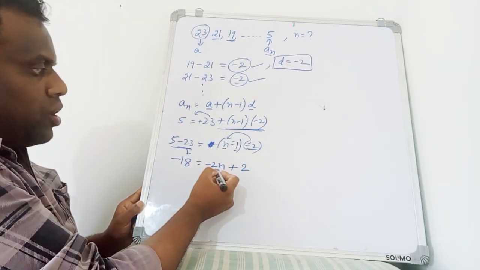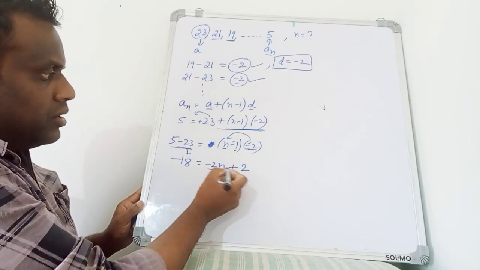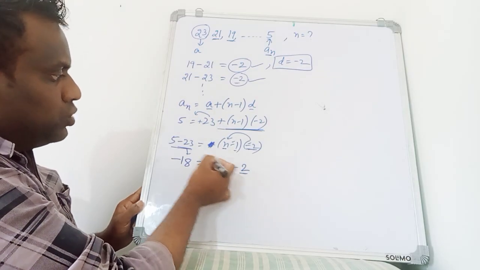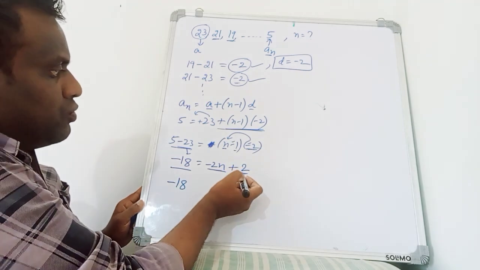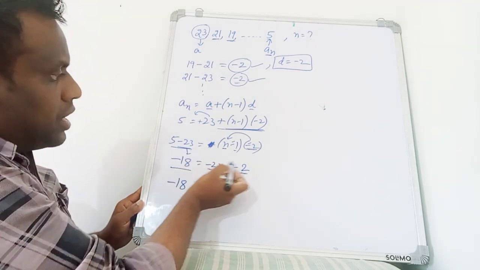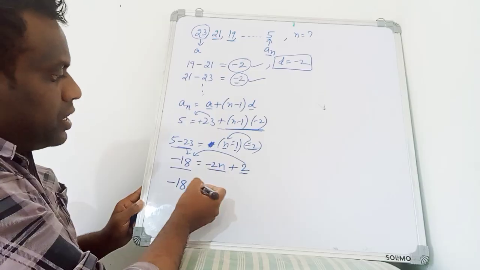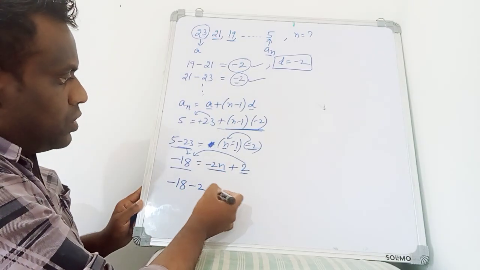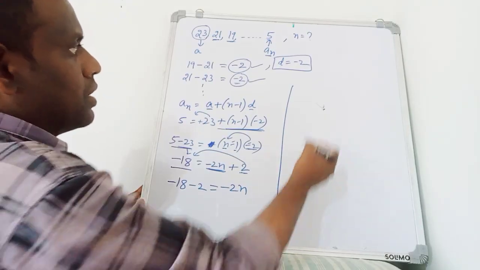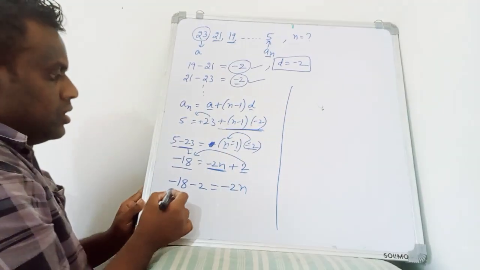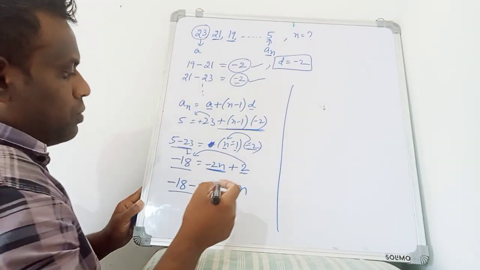Now we want only the n term. We shift this 2 to this side. Before that, write this minus 18 asterisk. When this plus 2 is shifted to this side, plus 2 becomes minus 2. This is equal to minus 2n. Now minus 18 minus 2, how much?